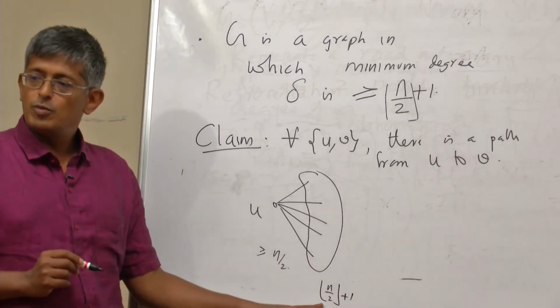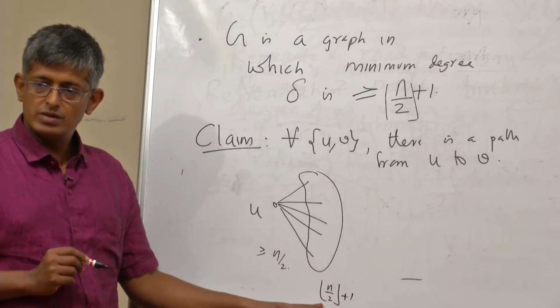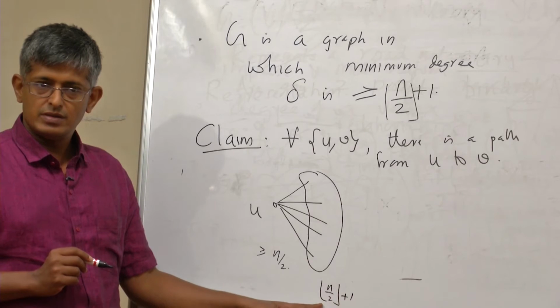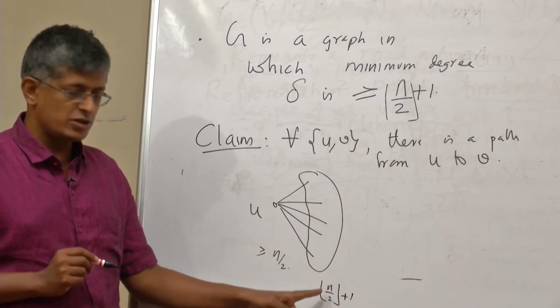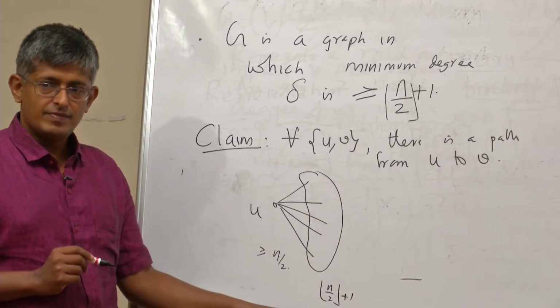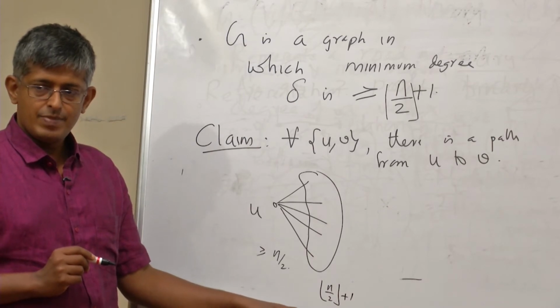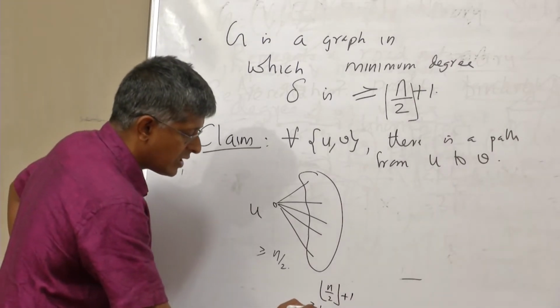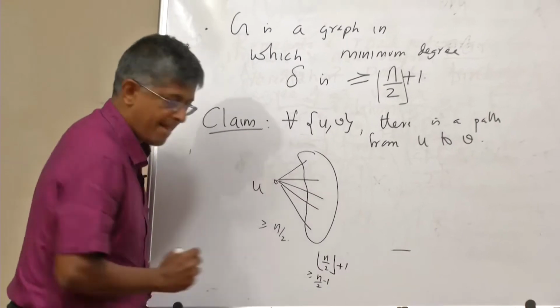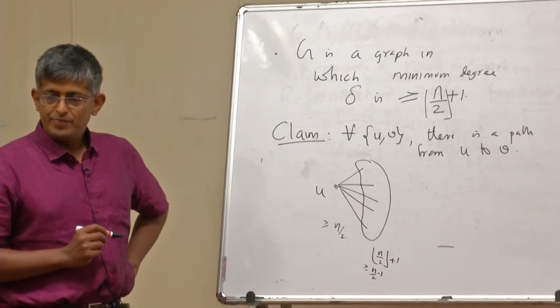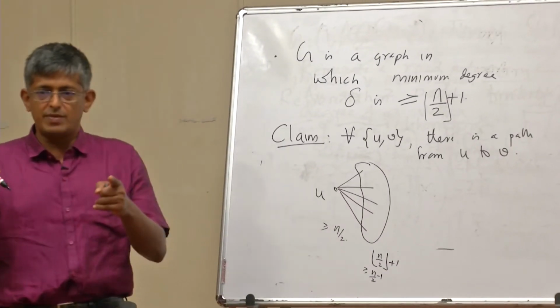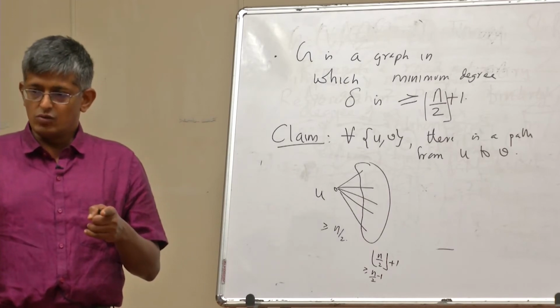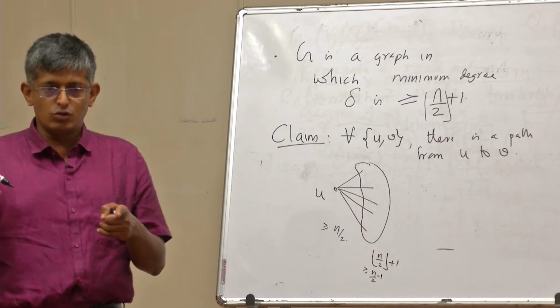What is the least value possible for the floor of n by 2? No, not 2. As a function of n. What is the worst that can happen? You can say that this is at least n by 2 minus 1. That's the worst that can happen, right? N by 2 might be very close to the integer boundary.